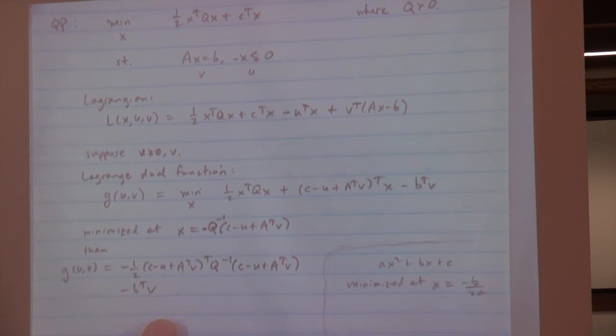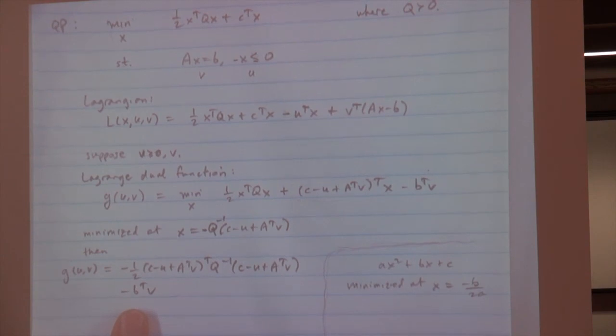We'd maximize this over u that's non-negative and v unconstrained. That would be another quadratic program, right? Maximizing a negative quadratic is the same as minimizing a quadratic. It's also convex, so the dual of this QP is also a convex QP.